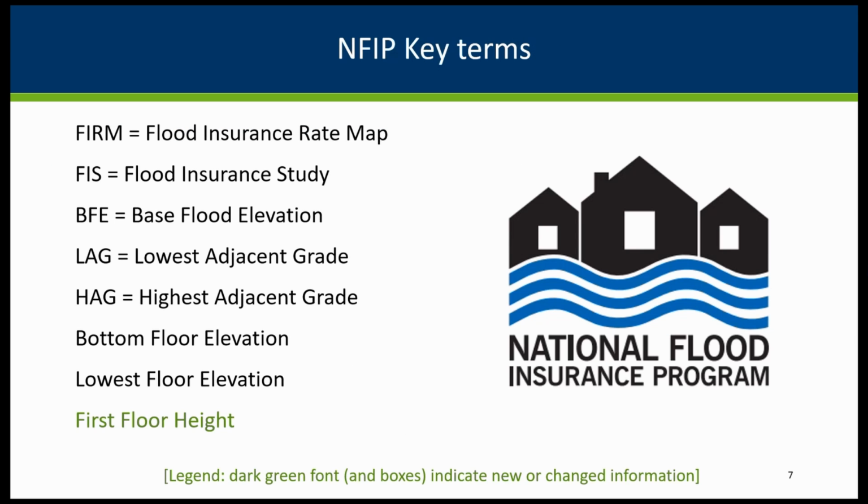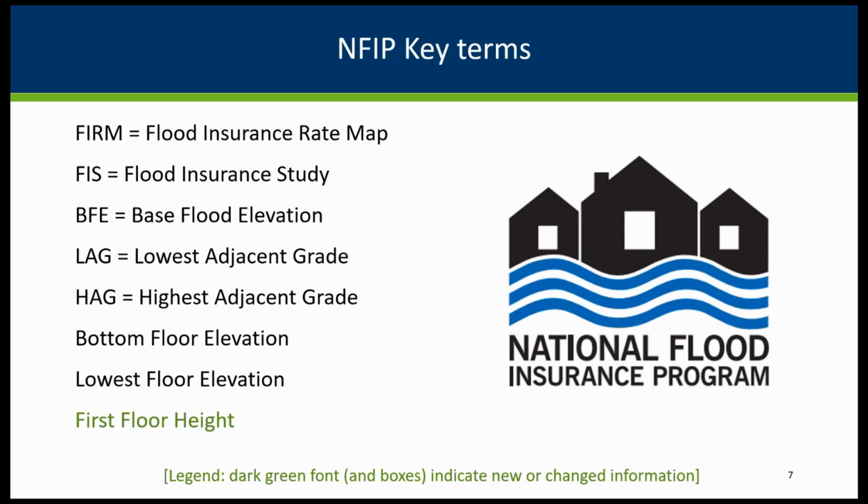A few terms. I know based on who I'm seeing that's attending today, you guys probably know these things, but a quick reminder, FIRM is the flood insurance rate map. That's the main map of the FEMA mapped high risk areas. Flood insurance study is the study that goes with those maps. It's got details on the base flood elevations and stage increases and sources of data and all kinds of useful information.